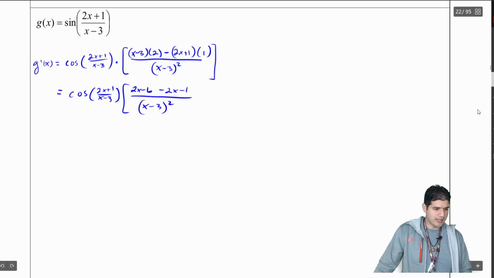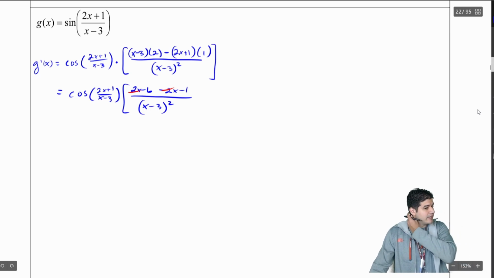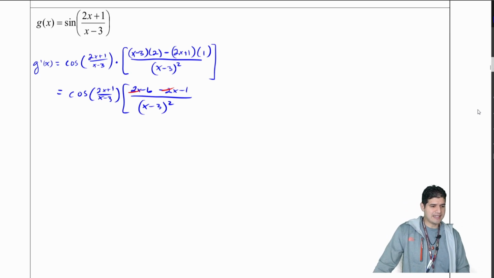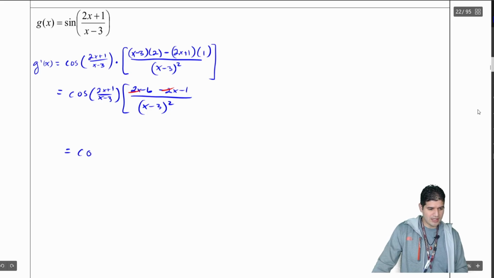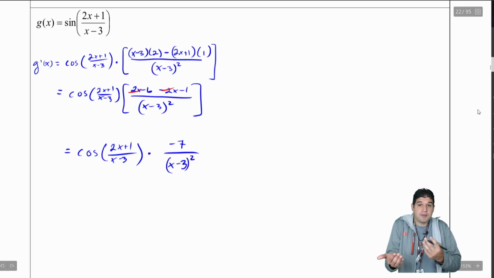What I notice here is that I have positive 2x and negative 2x, and those are going to cancel out. And so I get negative 6 minus 1, which gets me negative 7. So over here, I'm going to get cosine of 2x plus 1 over x minus 3, and I'm going to multiply that by negative 7 over x minus 3 squared. And that's going to be my final answer.